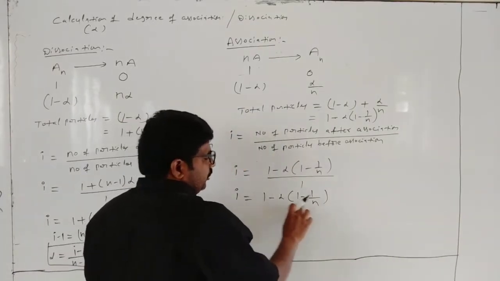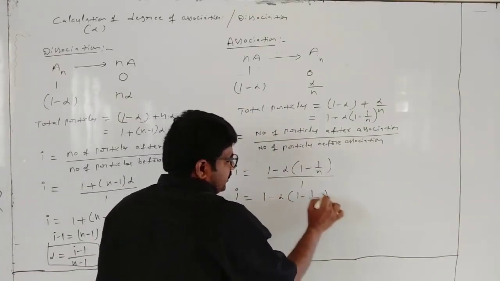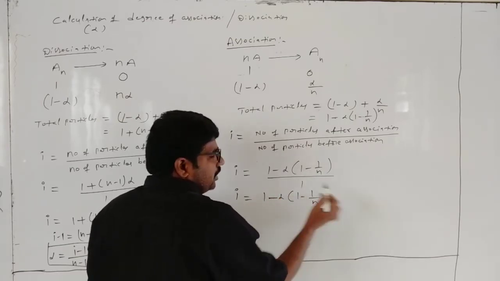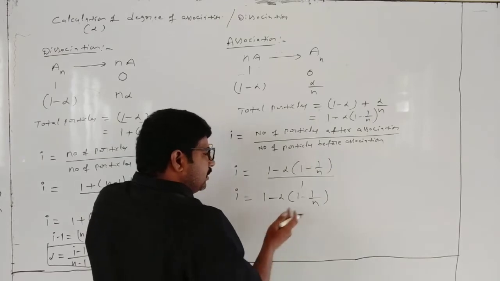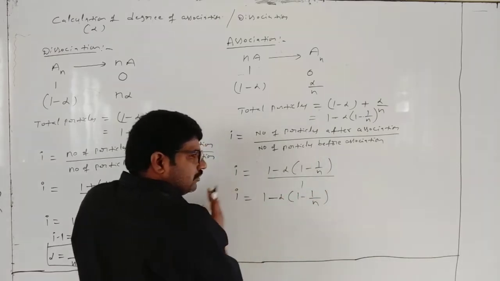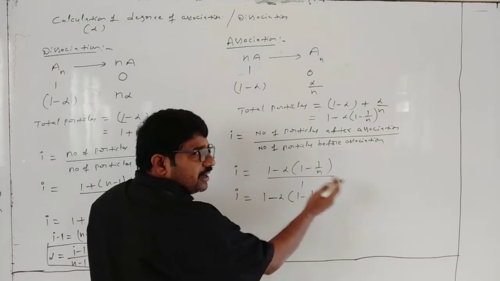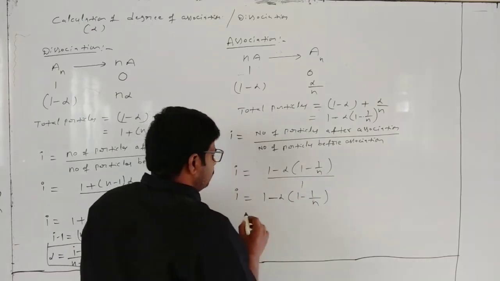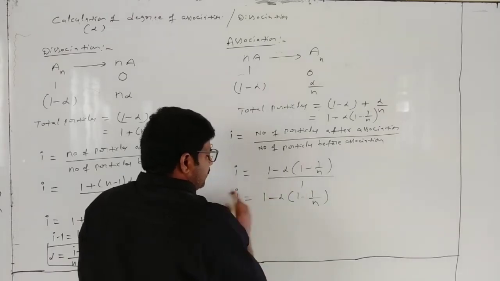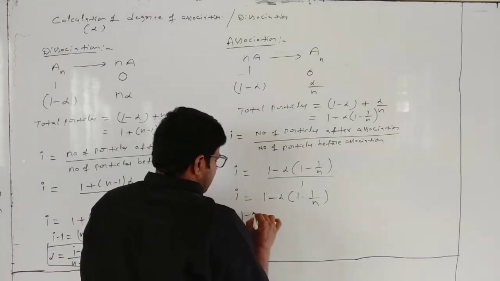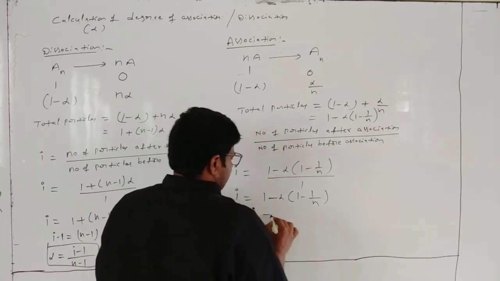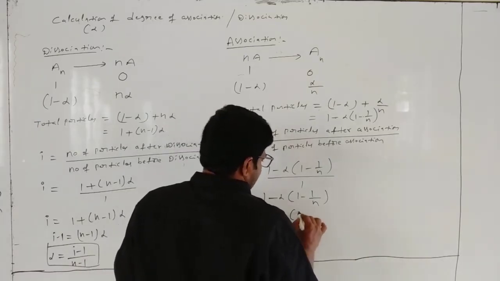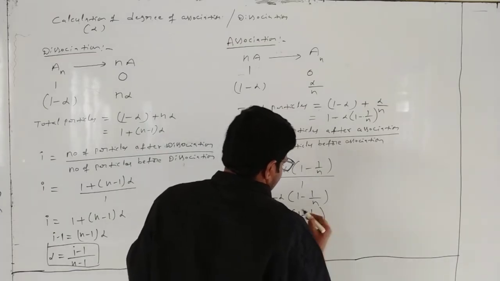Now this is a negative term, and we have to convert it into positive. The negative term is shifted to the left-hand side, and i is shifted to the right-hand side. So 1 minus i is equal to alpha into (1 minus 1 by n).